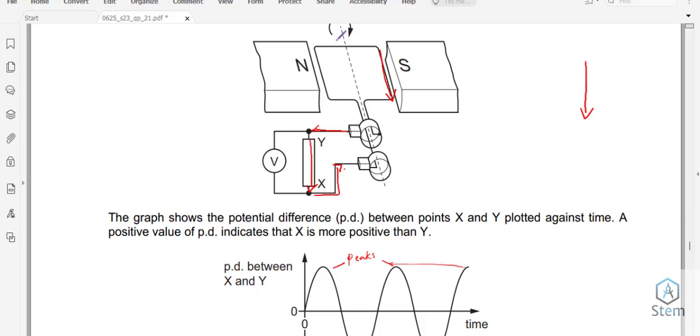We see because we have an arrow pointing down. So force is going down on this side. And the field is going in this direction. That is north to south. So the field is going in that direction.